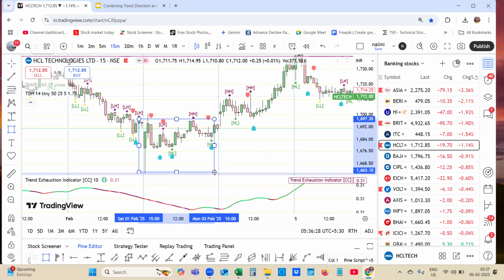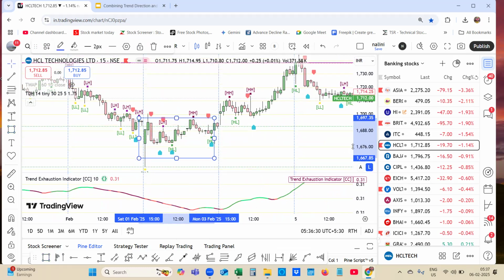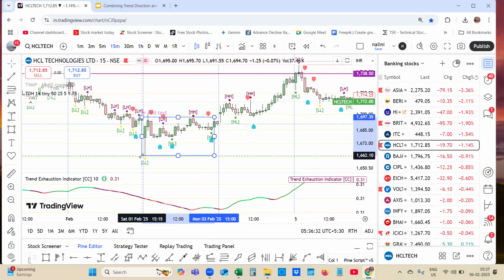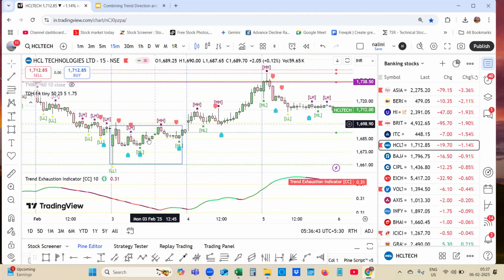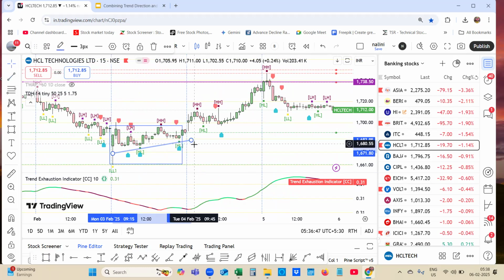Monday, it made a low. See, lower low, higher low, higher high, higher low, so indicating the direction of the trend. Trend is picking up in this box.